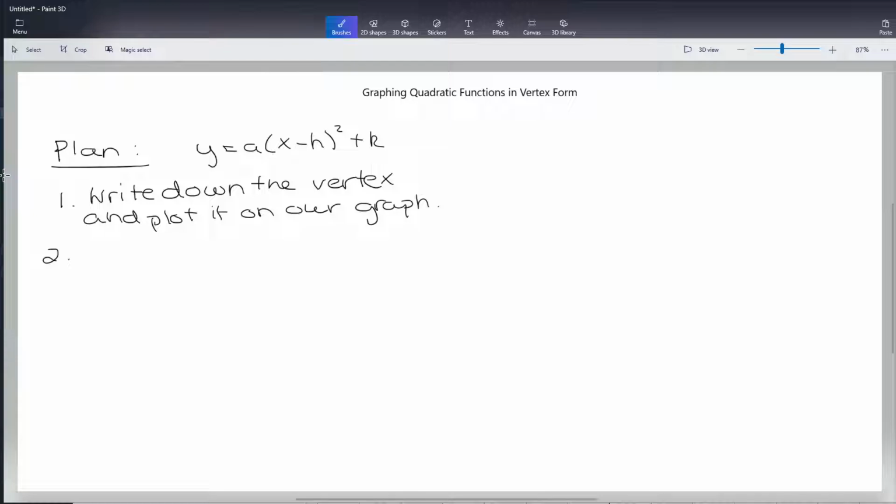Now we are going to look at the other key points. So the first key point is going to be to the left of the vertex. On the base graph, that was the point -1, 1. So we are going to find the new key point.